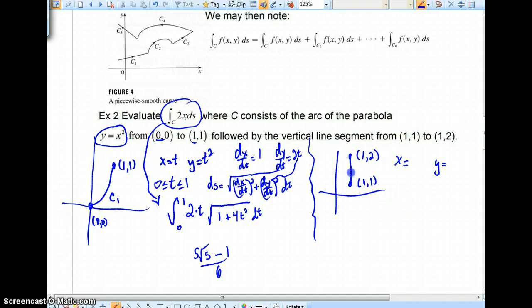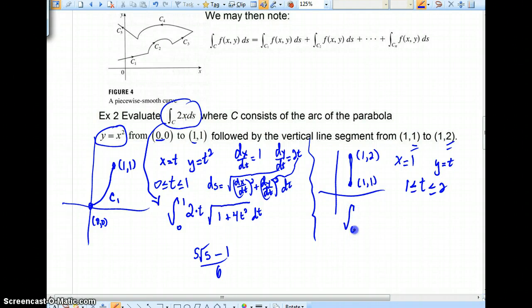Notice that when we're on a vertical line segment, your x is always fixed. It's x equals 1. Your y value, though, I'm going to let equal t. And our y values vary between 1 and 2, so we're going to use this equation right here.